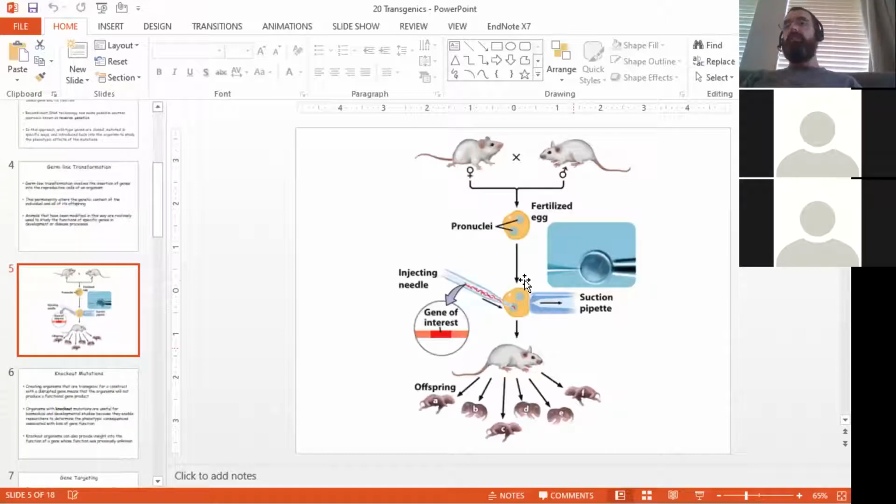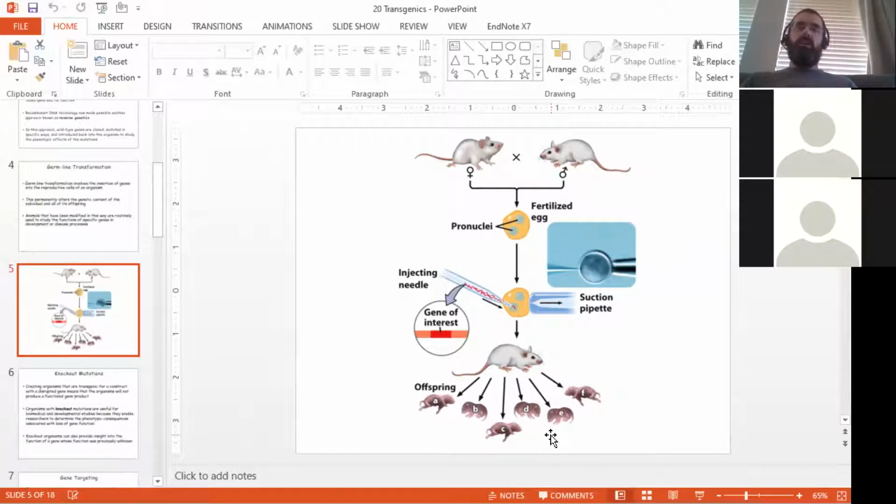In others, we basically inject that DNA into one of the nuclei. This is with higher order animals like mice. And basically that then, one hopes, results in that DNA being incorporated into germ cell nuclei, right?